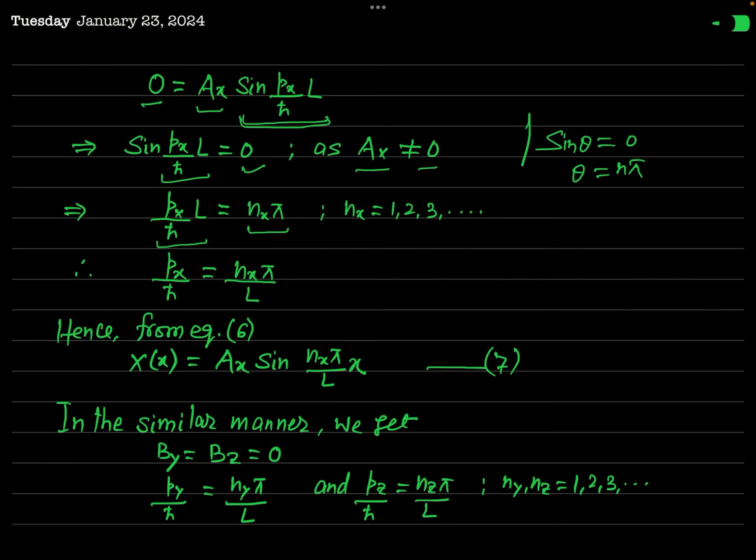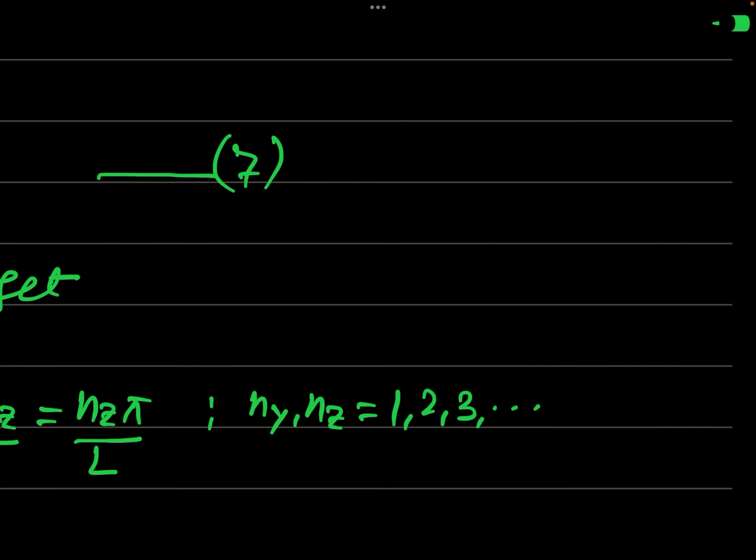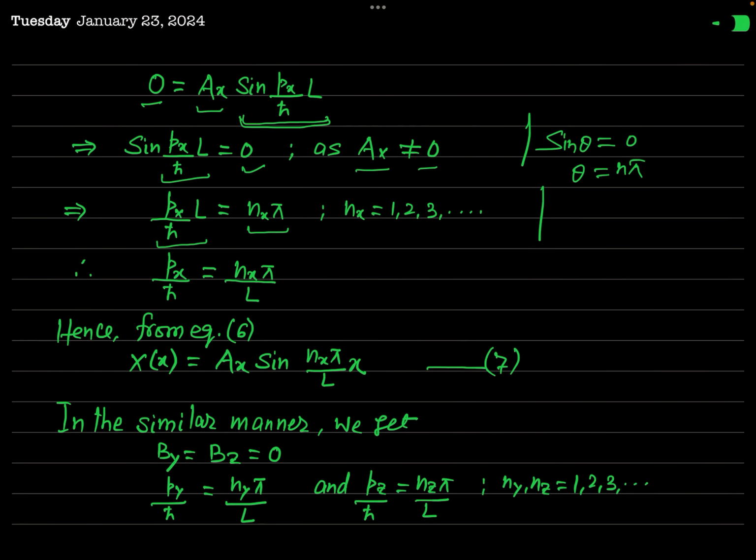Instead of n, here I have written nx. But you know, when sine theta is 0, theta is n pi, and in that condition n is 0, 1, 2, 3, and so on. But here you can see I have written that this nx is not equal to 0.